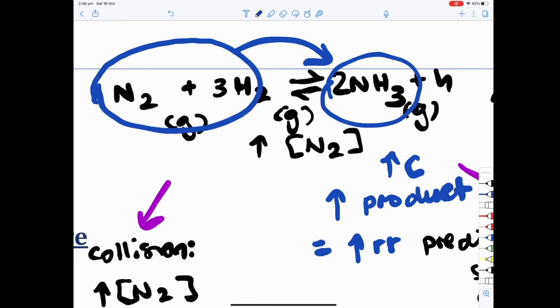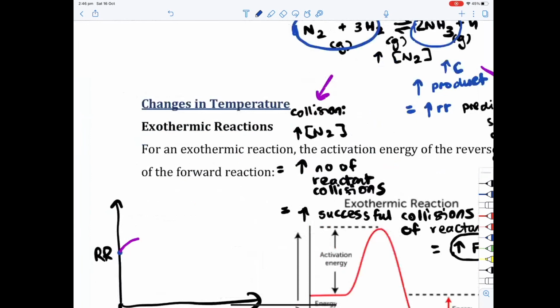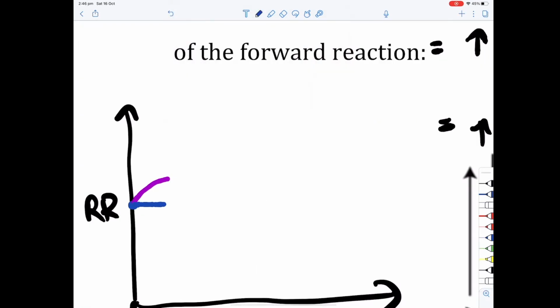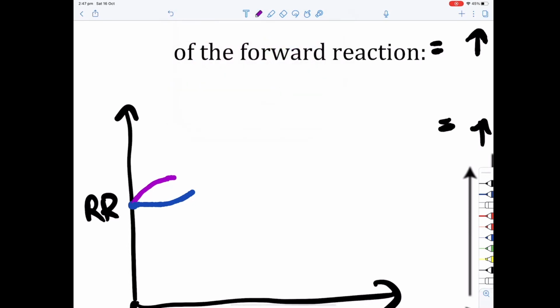So what will happen is you will see a bit of a lag. While your product particles are forming, there won't be much of a change. And then slowly you'll see the reverse reaction rate also increase. And then eventually they should equalize. Your reverse reaction rate and forward reaction rate will meet and become stable again.